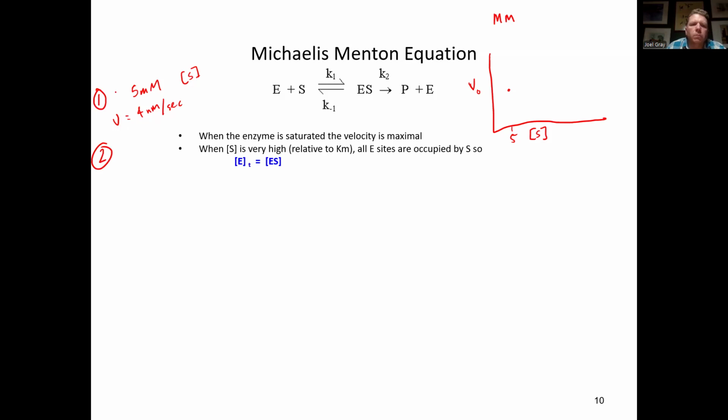Trial number 2, what you're going to do is increase your substrate concentration. Let's go to 10 millimolar substrate concentration. And then we see the velocity go up to, let's say, 6 nanomolar per second. So effectively what we've done is we've doubled our concentration. I'm going to go ahead and draw this line that's 10, and then we got 6.